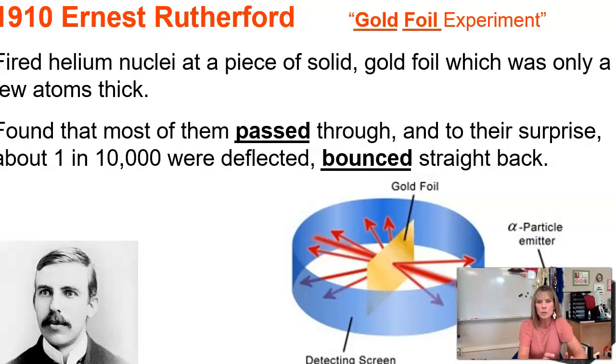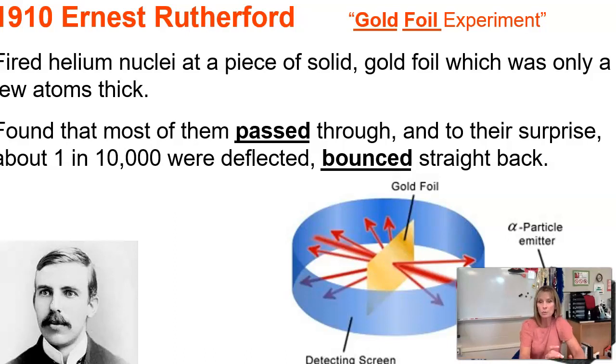Ernest Rutherford was actually going to try to prove Thomson's plum pudding model correct. He thought that J.J. Thomson was correct, so he did this gold foil experiment to try to prove Thomson correct. He actually ended up proving Thomson wrong. He fired helium nuclei at a piece of gold foil. So you see there in the picture, that's a piece of just like aluminum foil, but it's gold.